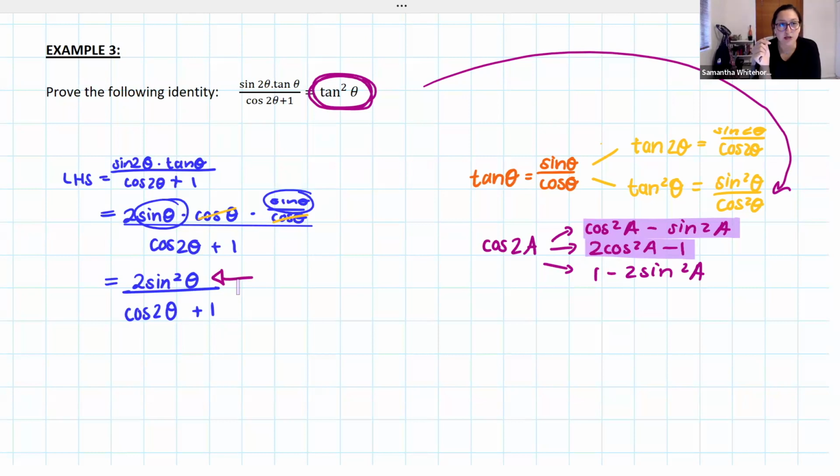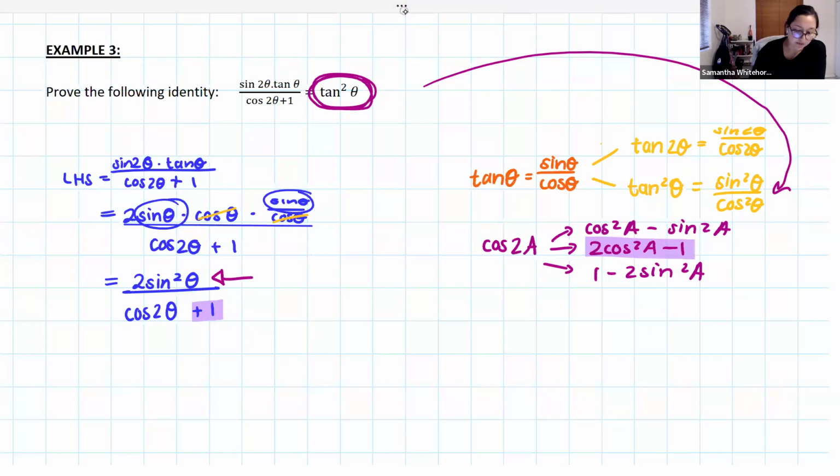The second option, I'm introducing the cos squared, and yes, I'm introducing a minus 1, but go back to what you have. In your denominator, you've got a plus 1. That's the additive inverse. Plus 1 minus 1 is going to cancel away, leaving me with just that cos squared, which is what I want. So I'm going to go for option 2.